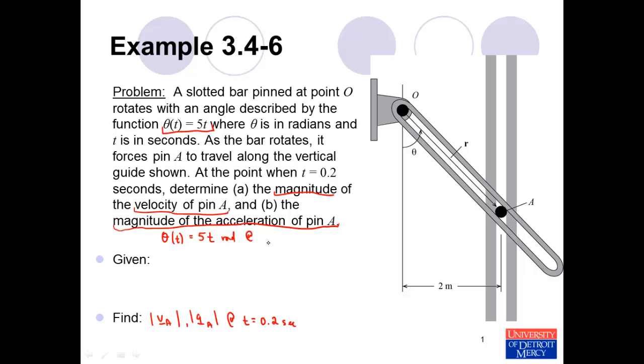So at 0.2 seconds, theta equals 1 radian. So that's what we are given explicitly.